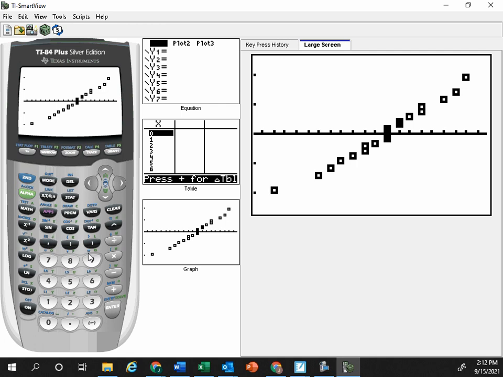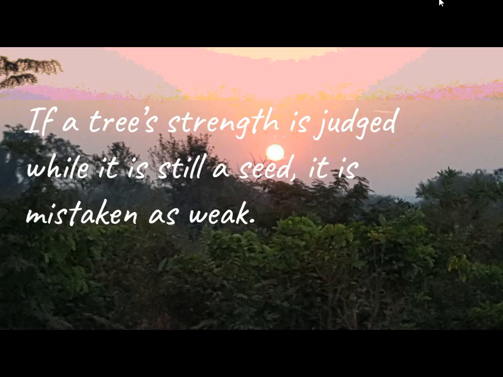You'll see some sort of other strange pattern happening. But if it is roughly normal data, you're going to see a fairly straight line. Remember, nothing's perfect. It's not going to be a perfectly straight line or a perfect distribution. This is definitely close enough. Okay? So that's what you're looking for.